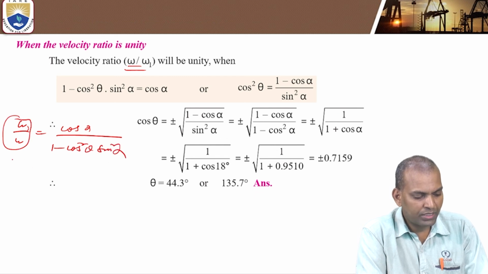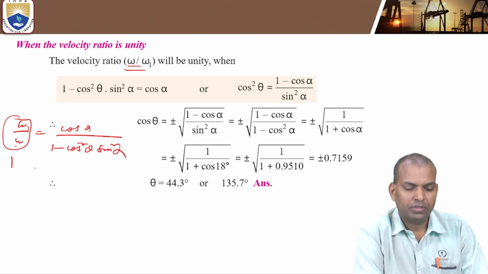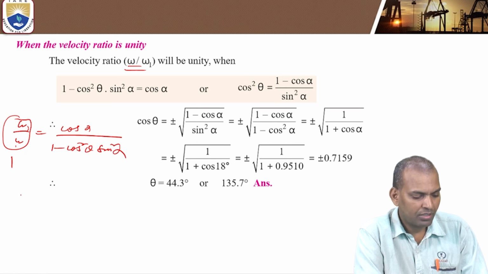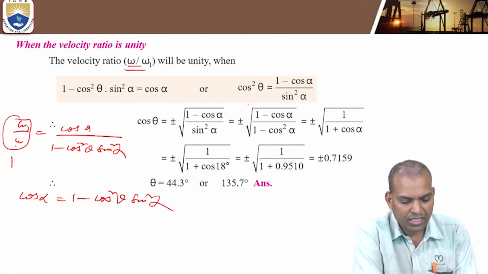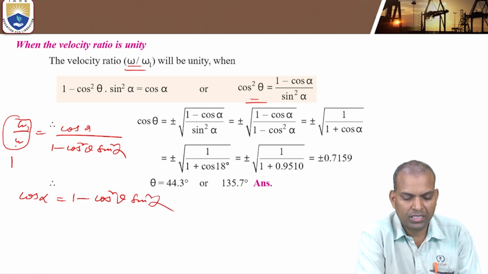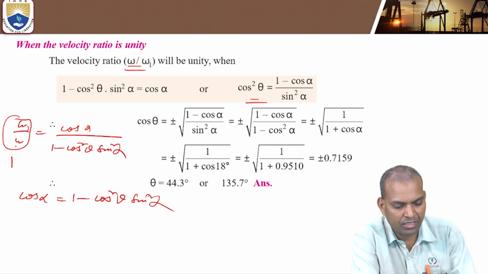Further simplifying, cos square theta equals 1 minus cos alpha by sin square alpha.